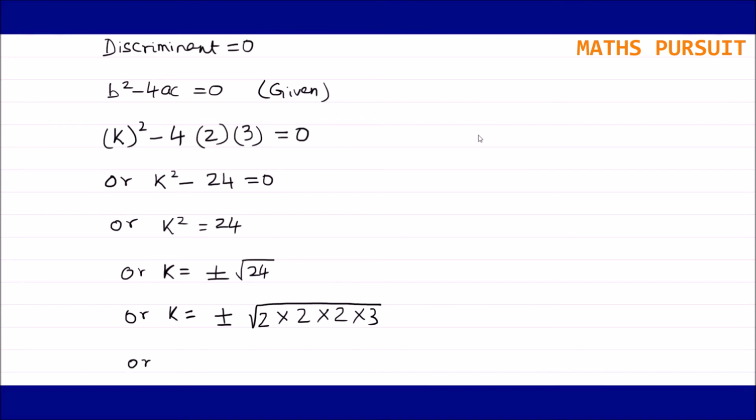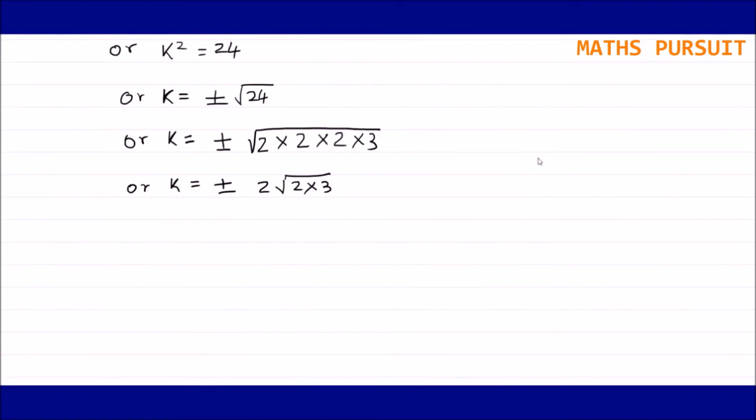Or I can write k is equal to plus or minus root 2 into root 2, which became 2, and I am left with 2 into 3 inside the root. Now I can further solve this as k is equal to plus or minus 2 root 6.